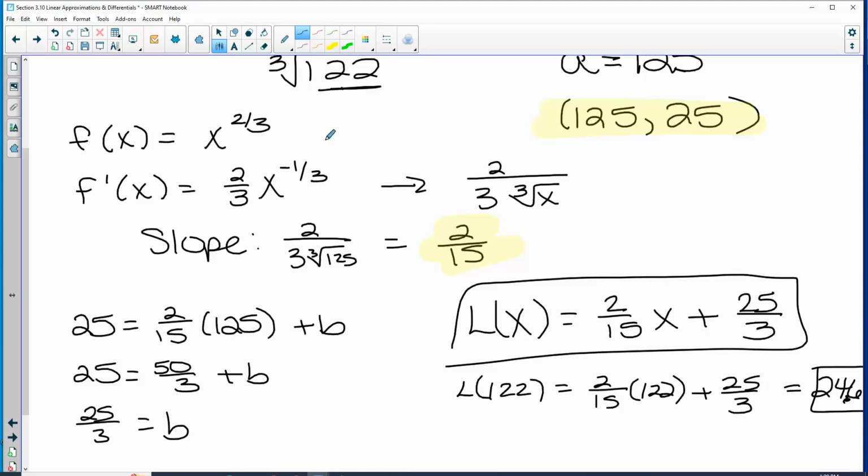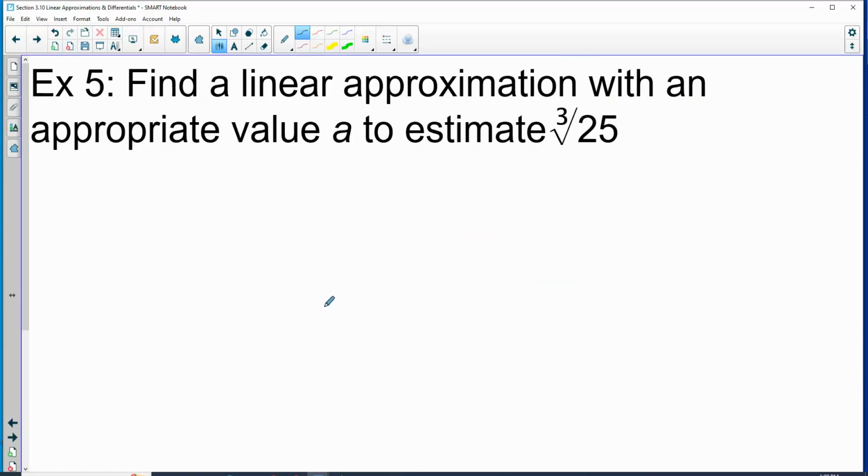Alright, you guys, let's do one last problem for today. So, what would my function be? This is a cube, so the cube root of x, or x to the 1/3, is my function.